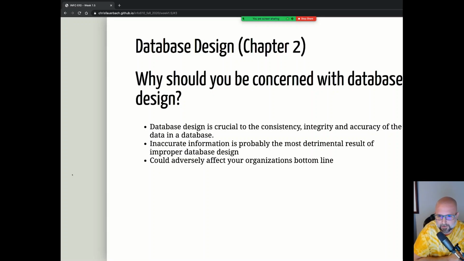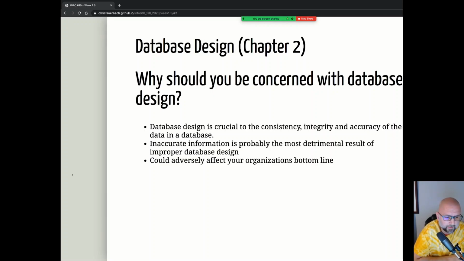Inaccurate information is probably the most detrimental result of improper database design. Things can get so complex, even if all your data is there, you'll get into times where the complexity of your SQL queries, the complexity of your database relationships, the subtle cases in your data, if you're doing data analysis, it could just get really confusing.